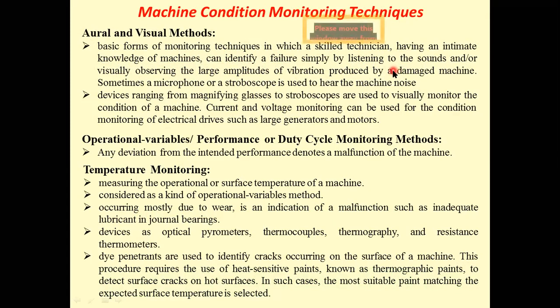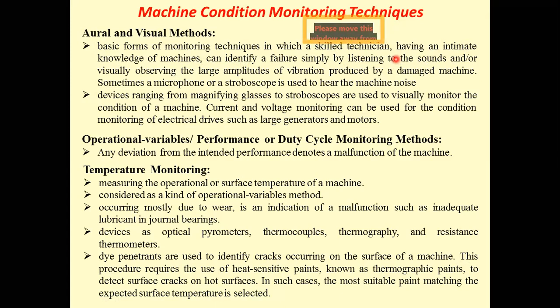In the case of aural or visual methods of machine condition monitoring, it is the basic form of condition monitoring in which a skilled technician having intimate or full knowledge of that machine can identify the failure simply by listening to the sound of the machine.